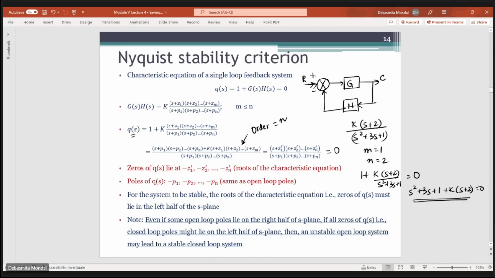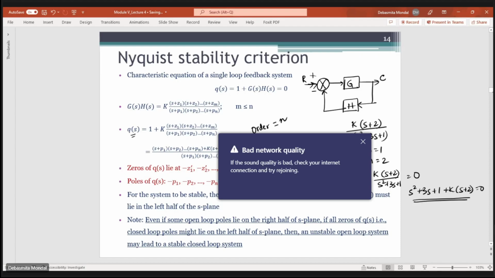In other terms, these are the roots of the characteristic equation, or the poles of the closed loop transfer function, the closed loop system.